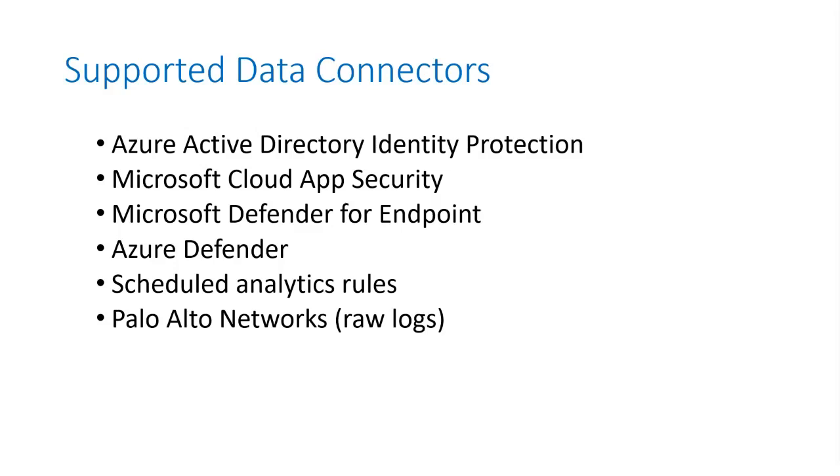Fusion takes alerts from supported data connectors as you see on the screen, as well as the raw logs from Palo Alto Networks. In Azure Sentinel, Fusion is enabled by default, so if you have these data connectors configured for your workspace, you are all set.